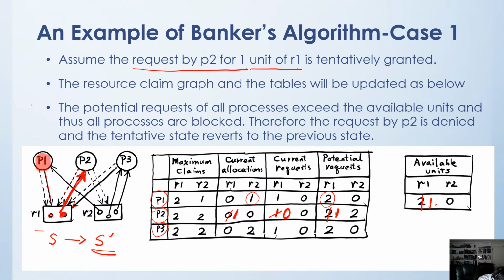Now let's check P2. P2 used to have 2 potential and 2 units, and the available units were 2, 2. So in this case, P2 will be blocked for sure, right? Because potentially P2 needs 1 unit of R1, and there's 1 unit of R1, that's okay. But P2 also potentially needs 2 units of R2, and there's no unit of R2 available.